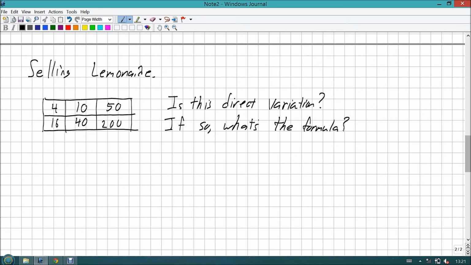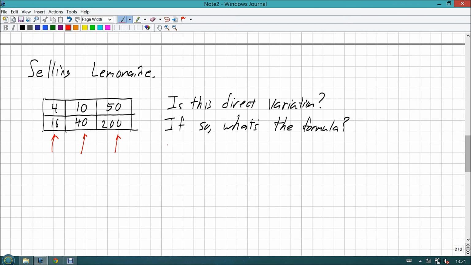Well, to figure out the formula, that's really easy. Well, actually, both cases are really easy. If all cases of y over x are the same, then it is direct variation. If there was a plus something to it, if there was a shift of the graph, either vertically or horizontally, then our direct variation number would change over time.